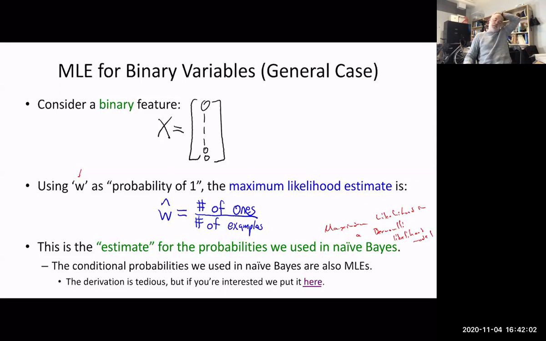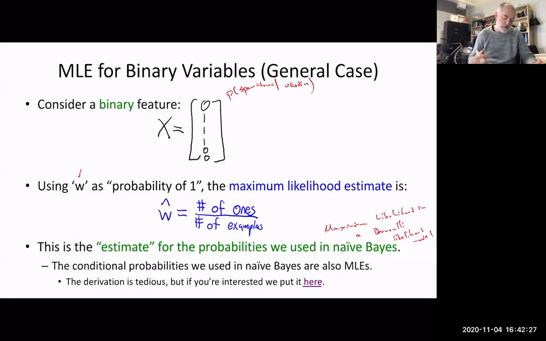The conditional probabilities that we use in naive Bayes are the same thing, right? This is basically saying what's the probability, you can think of this as P(spam equals true given Vicodin). This is one of the naive Bayes features.